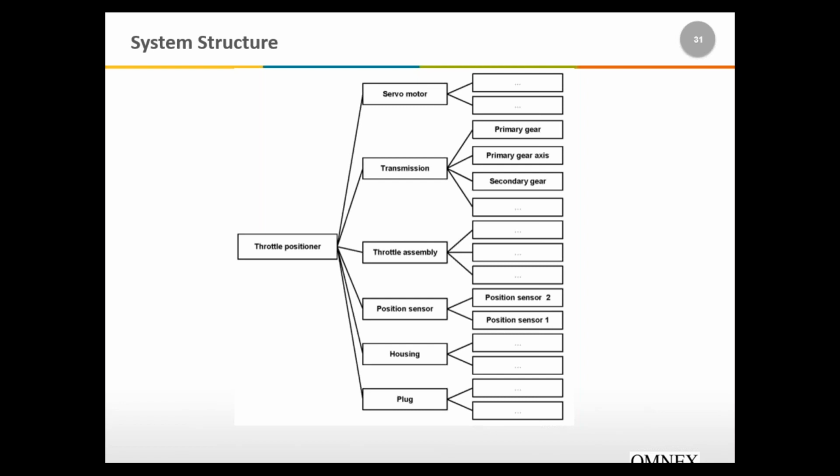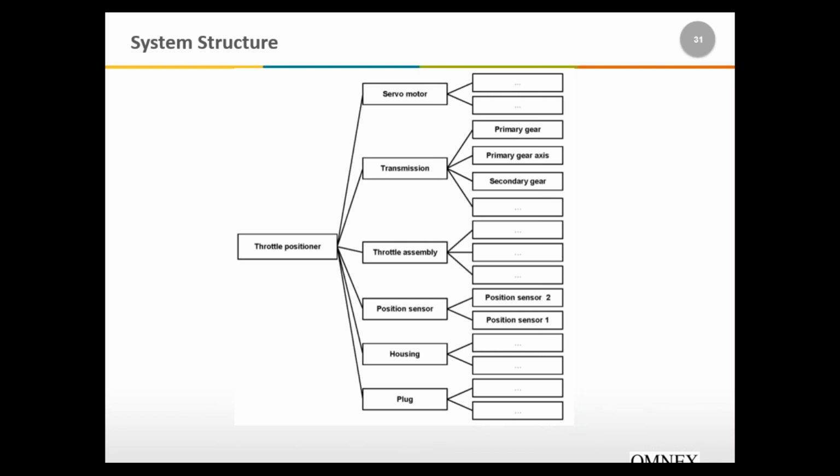Right, the throttle positioner actually is a subsystem of the electronic control unit to accelerator control unit. So throttle positioner is one of the subsystems that you have in the electronic acceleration system. But even there you have the 3 levels.